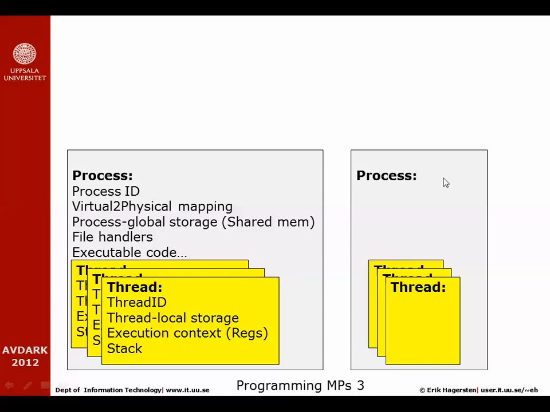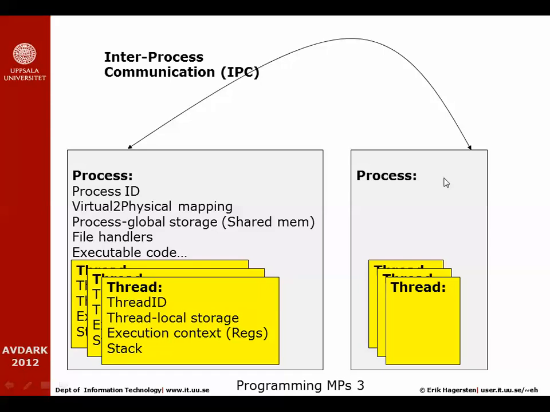Typically, processes communicate with each other using inter-process communication, or IPC. So this is not the same as instructions per cycle as we architects normally talk about. IPC here stands for inter-process communication. It's a way of sending data between these processes' own private addresses.